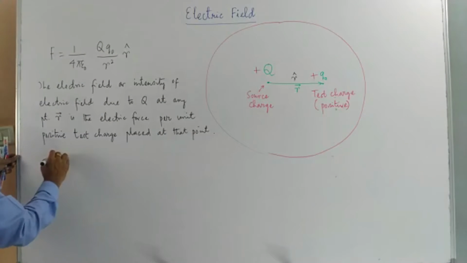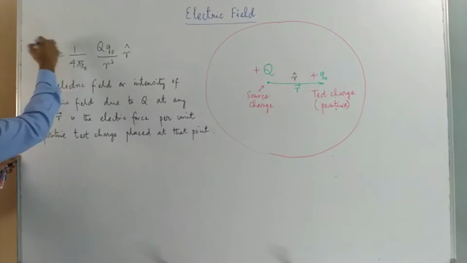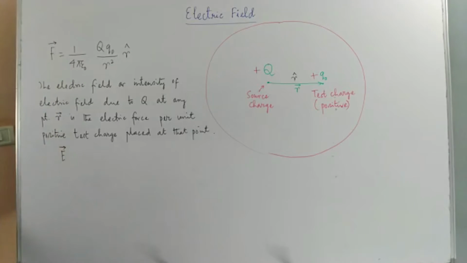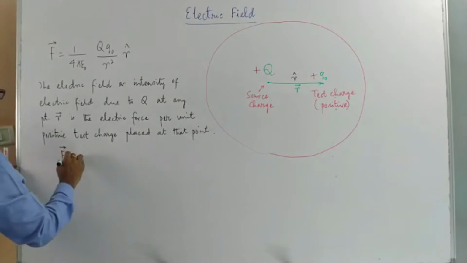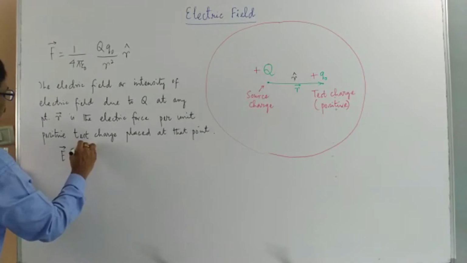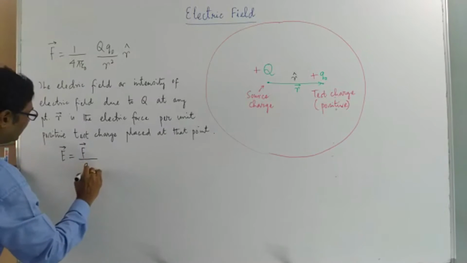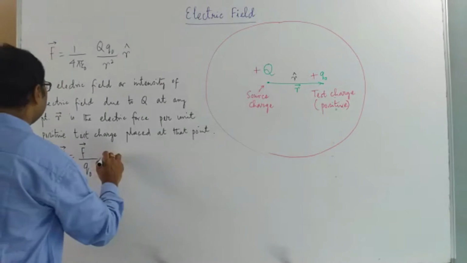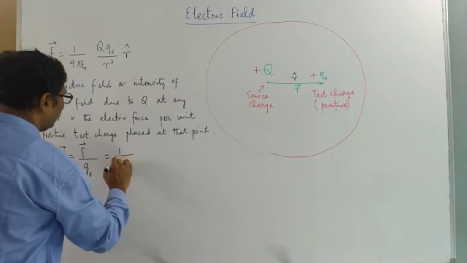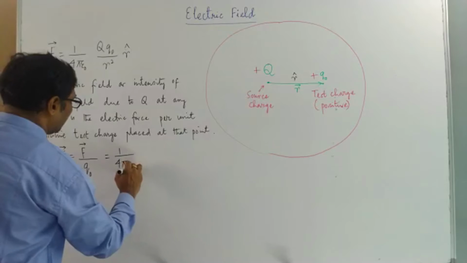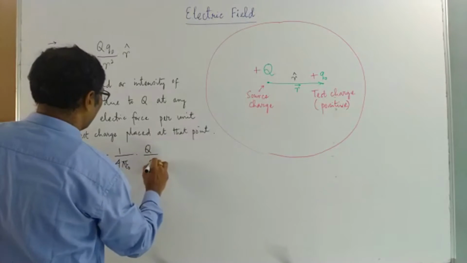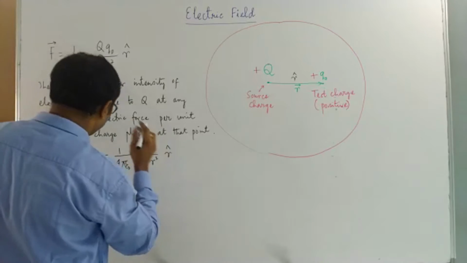Therefore, we can consider electric field E as force per unit positive test charge, which is equal to 1 by 4 pi epsilon 0 Q by r square r cap.